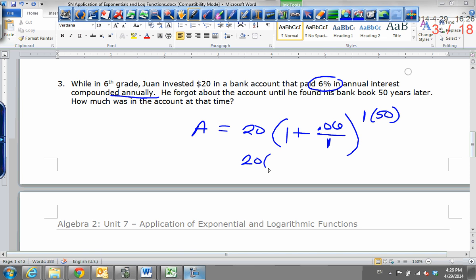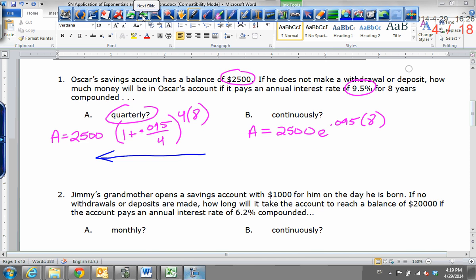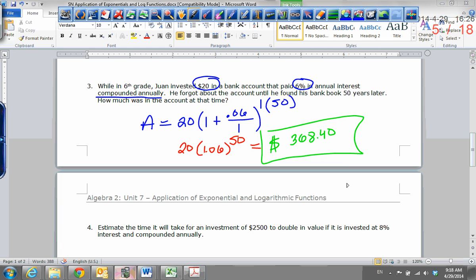So I got 20, 0.06 divided by 1 is just 0.06, so 1.06 to the 50th power. So that's all I'm doing in the calculator, taking 1.06 to the 50th power and then times 20. I think you get around $300. I'm going to double check here. Yeah, you get $368.40 as my answer for number 3.